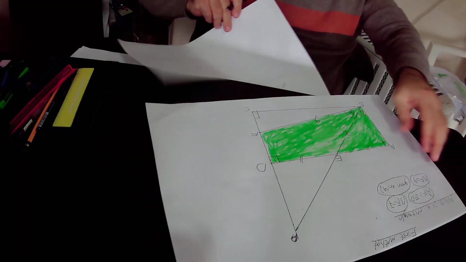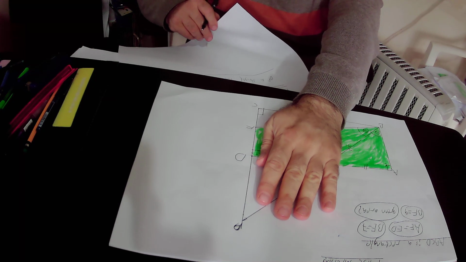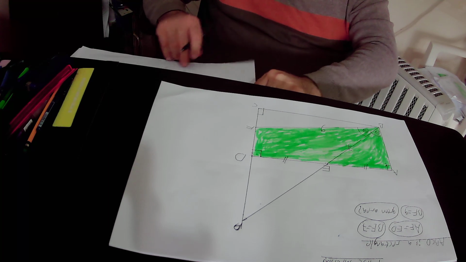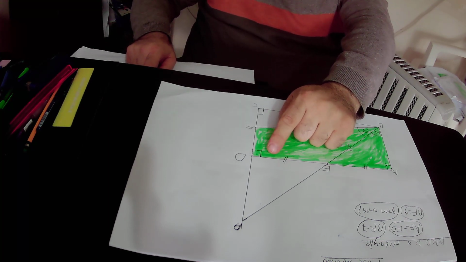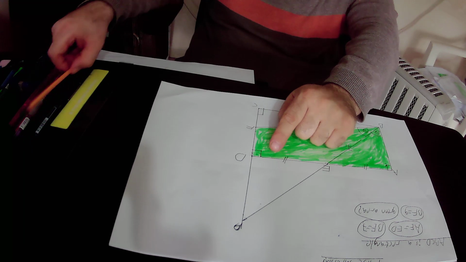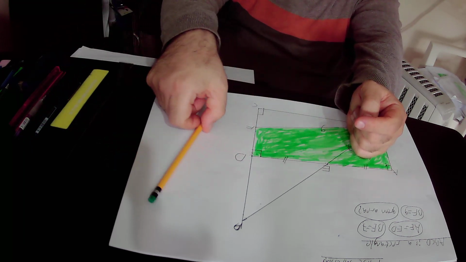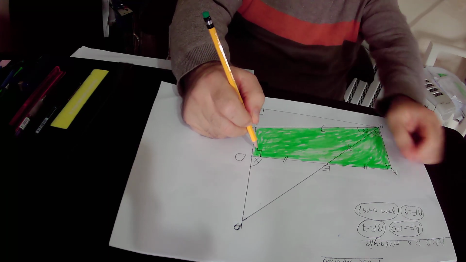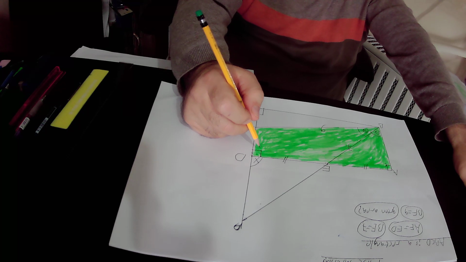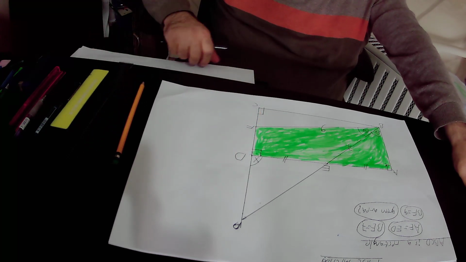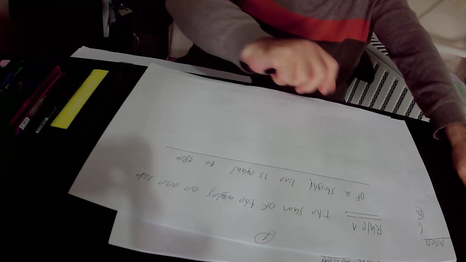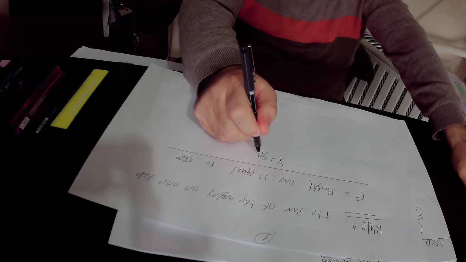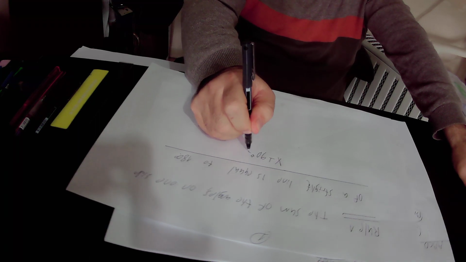So if we focus on this side of the straight line CP at point D, we know that the sum of the angles is equal to 180 degrees. That is to say, angle PDE, which we will define as angle X, plus this angle that is 90 degrees must equal 180 degrees. So angle X plus 90 degrees equals 180 degrees.